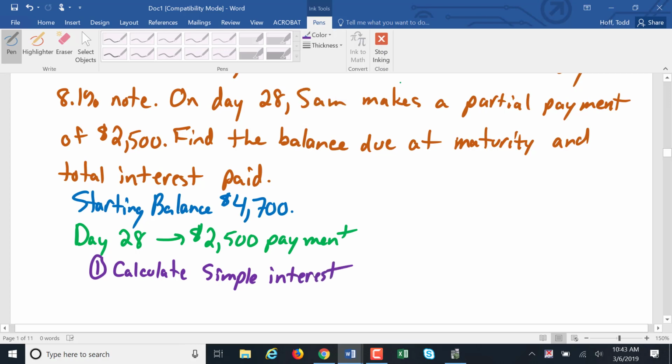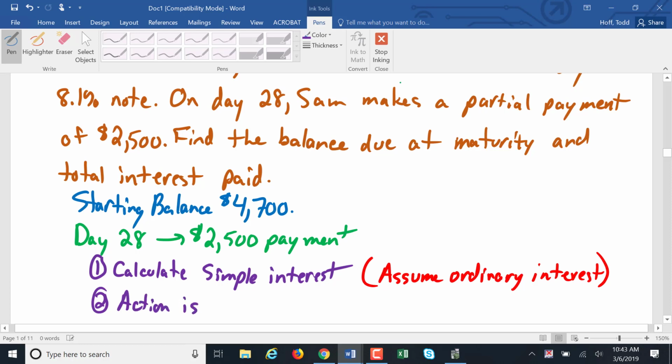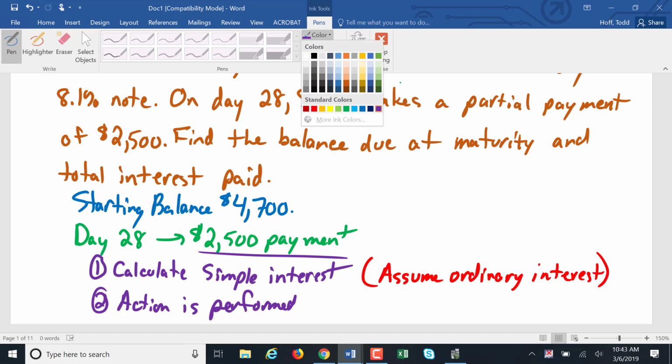In this problem, it did not state exact or ordinary interest. Part of the U.S. rule is, as we'd mentioned before, unless it is otherwise stated, we assume ordinary interest. Once that interest is calculated and the balance is adjusted, then the action is performed. In this case, that would be the $2,500 payment. So let's find that interest first.